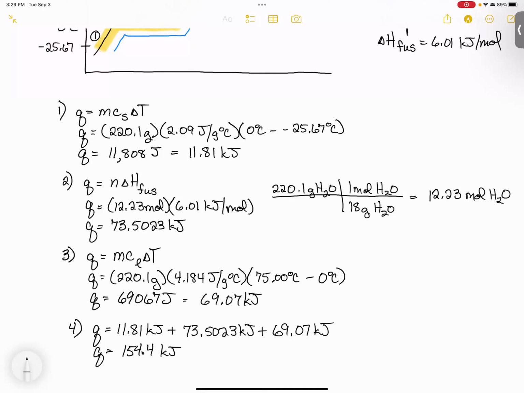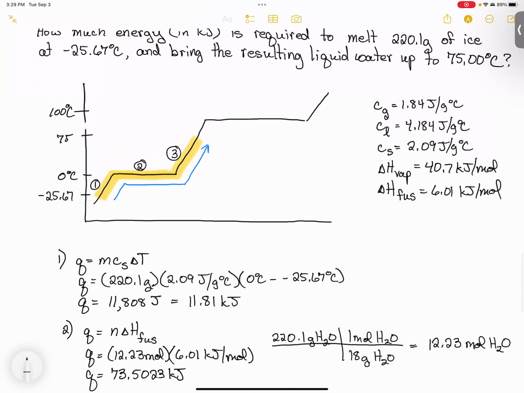Okay. Did anybody catch the similarity in the equation? When do you use Q equals MCΔT? Whenever you're switching temperatures. Whenever you're going up or coming down, you're going to use Q equals MCΔT. So it's not necessary to memorize 1, 2, and 3 as Q equals MCΔT.